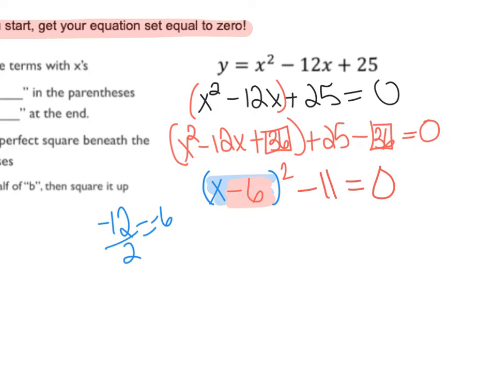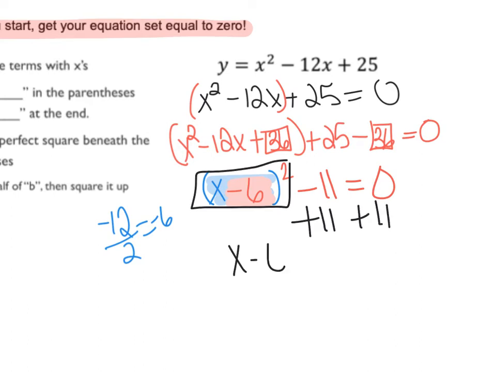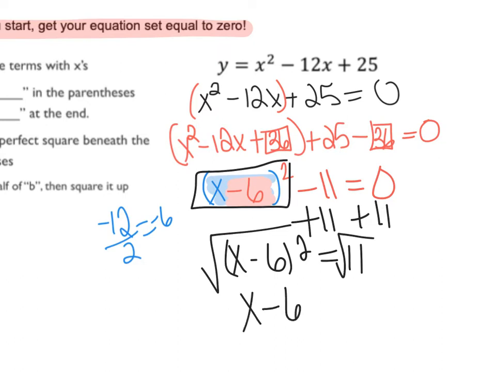So we are going to get those squared terms by themselves. I'm going to add 11 to both sides. So I have x minus 6 squared equals 11. I need to take the square root of both sides, and I have x minus 6 equals plus or minus the square root of 11.